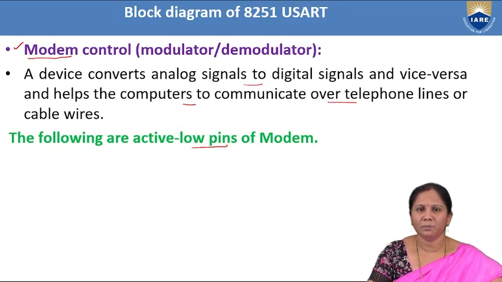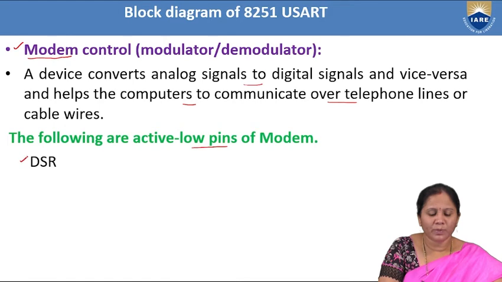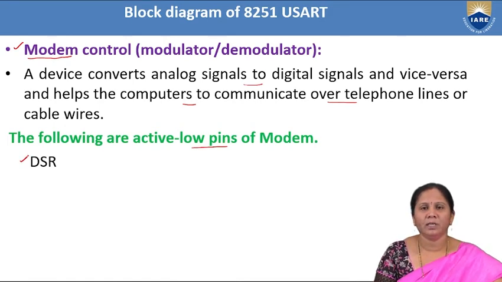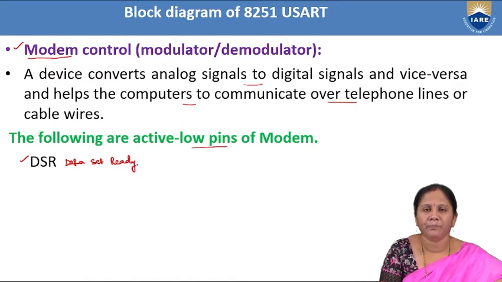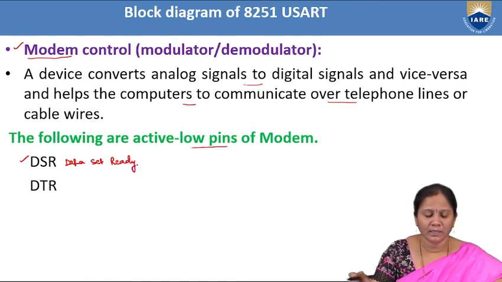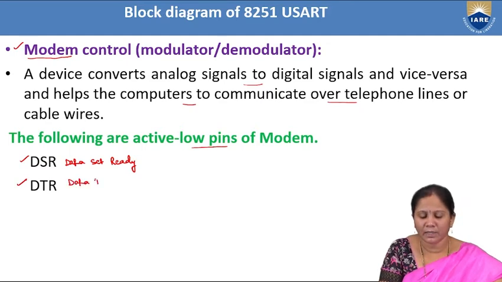What are the pins that perform all these operations? The first one is DSR, which represents data set ready. The next signal is DTR, which represents data terminal ready.